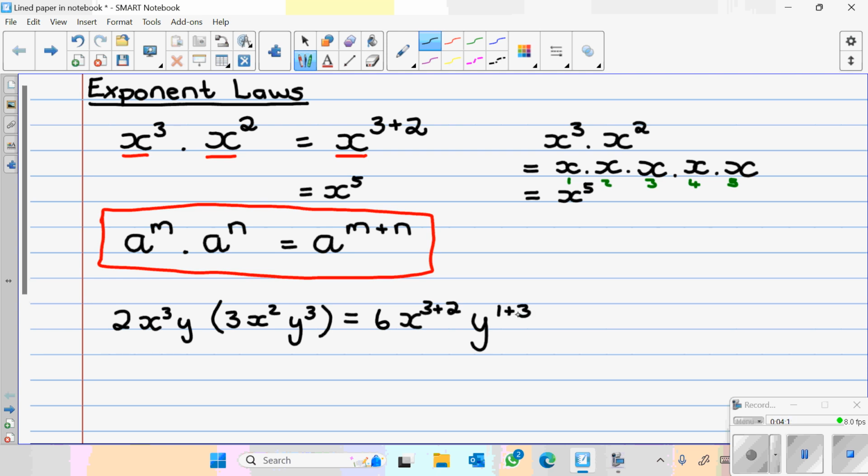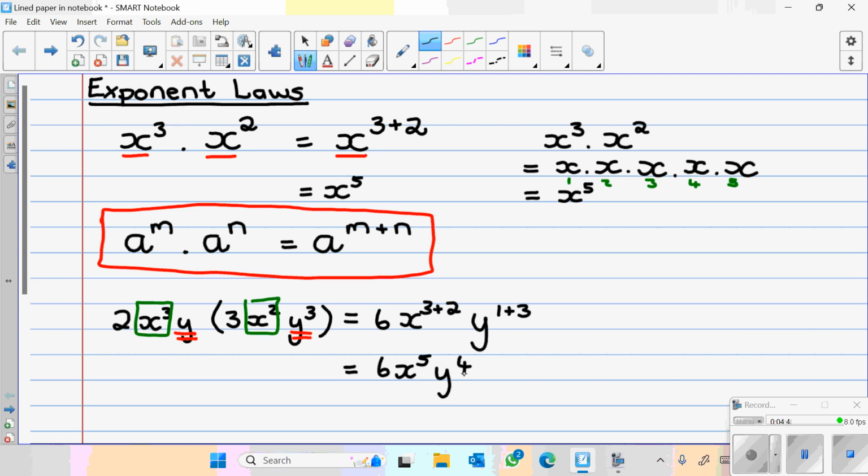Remember, the ground numbers, I can only put those together that are the same. So that's an x and that's an x, and this is a y and that is a y. So I can only put the x's together and the y's together, and then my final answer would be 6x to the power of 5, y to the power of 4.